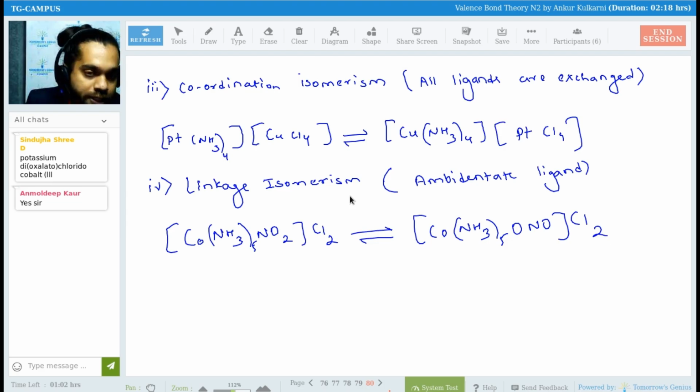You can see over here, Prashanti, the linkage has changed. Nitrogen is attached here, over here oxygen is attached, in the same complex. Is it clear? Come on, write down the example and say done in the chat box.